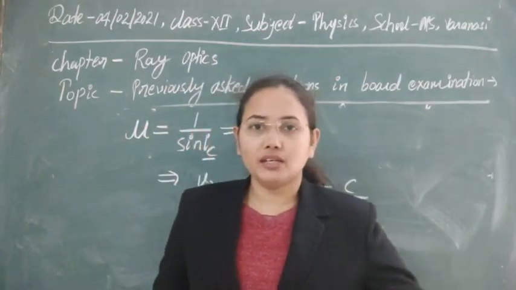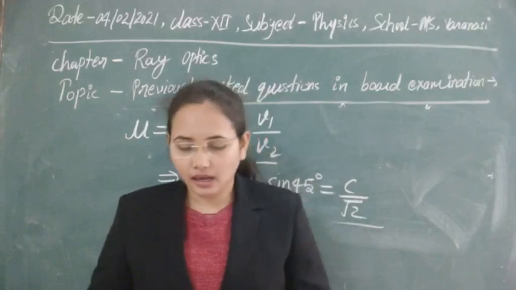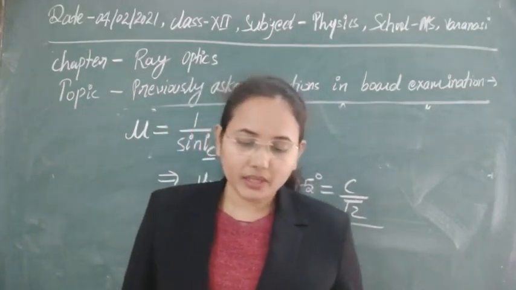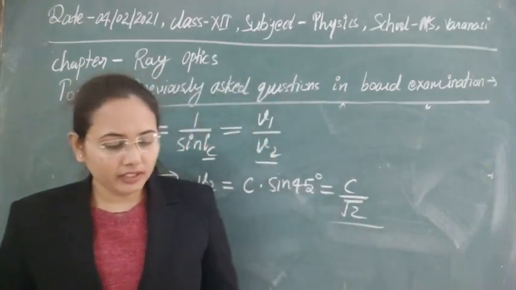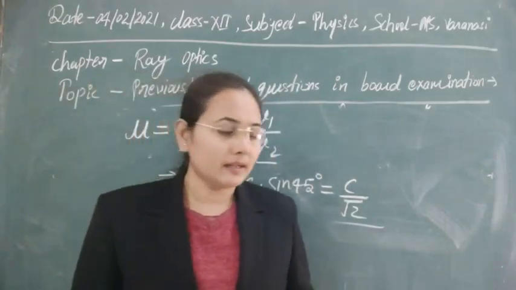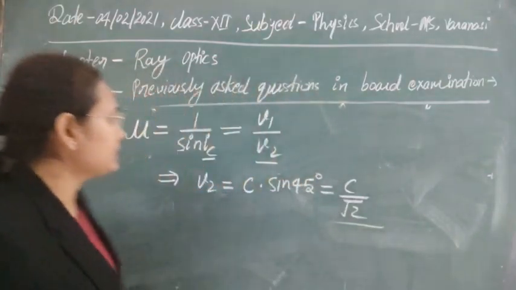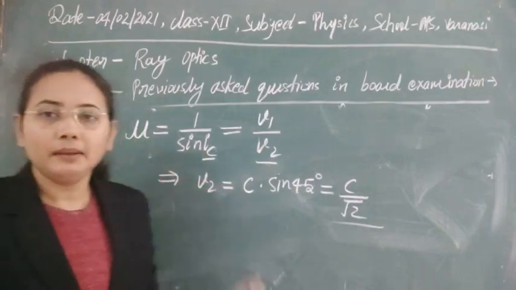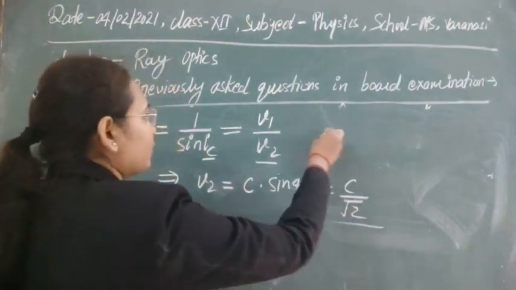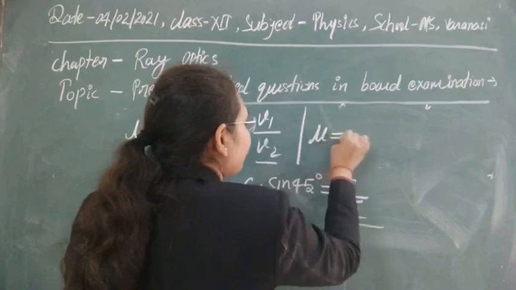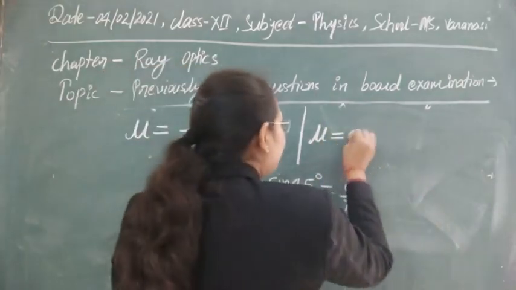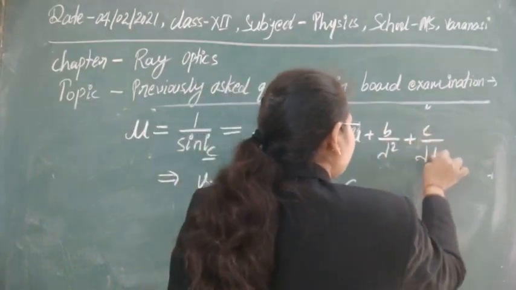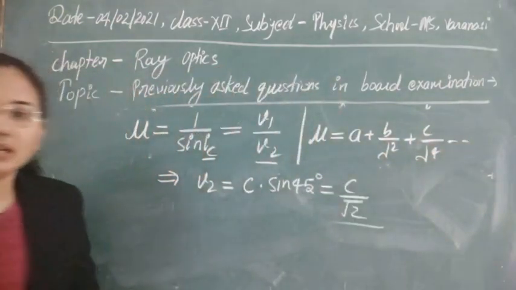This is a 1 mark question here, and still a 1 mark question is asked in the same question, that is, does the critical angle for a given pair of media depend on the wavelength of incident light? Give reason. Obviously this critical angle depends on the refractive index of the media, and refractive index also depends on the wavelength of the light.